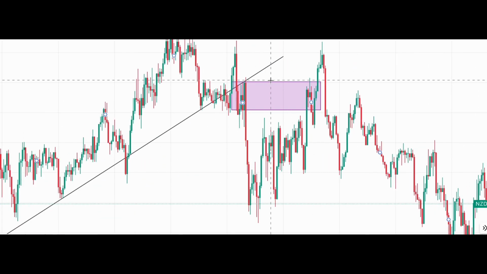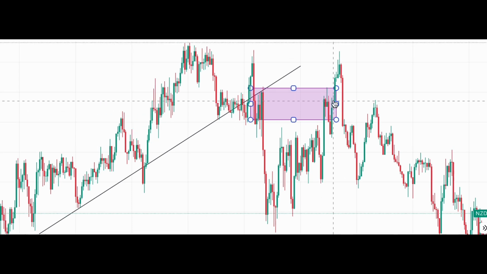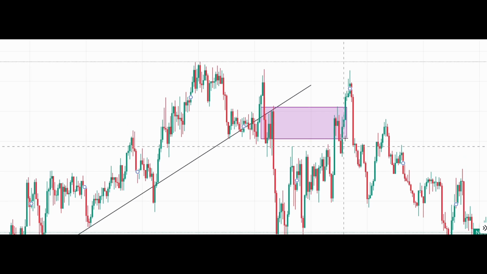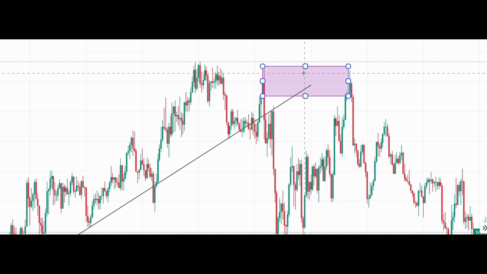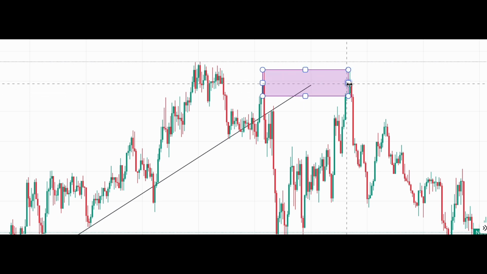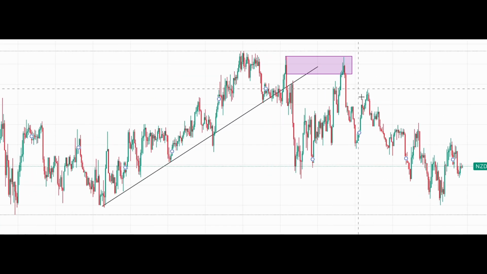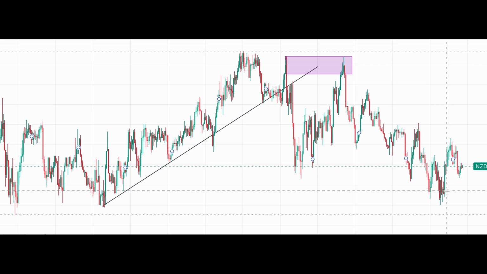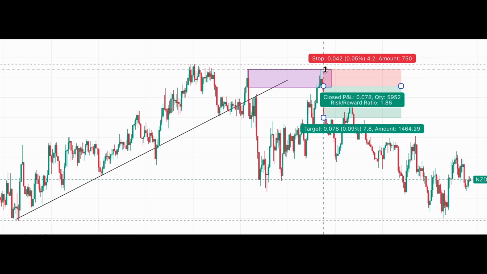Here we have one of the supply zones as well, and as we can see, it has a reaction but not much, and the price pushed even higher to this supply zone. And the price finally reacts and falls all the way down. Usually when this is our entry, we know where our stop loss is.